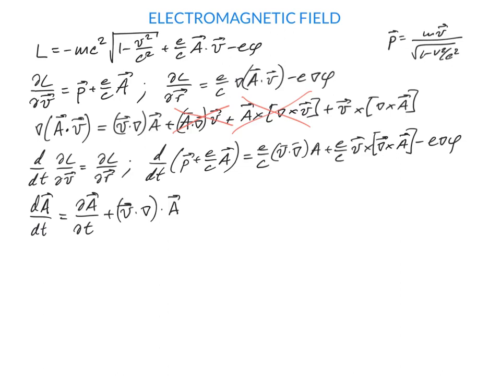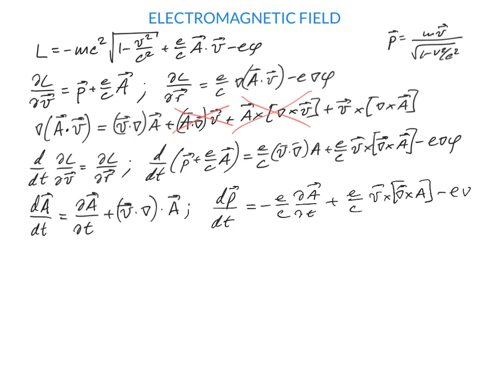So what remains then is dp by dt. Let's take the partial time derivative to the right. So we have minus e over c dA by dt plus e over c v cross curl of A minus e del phi.